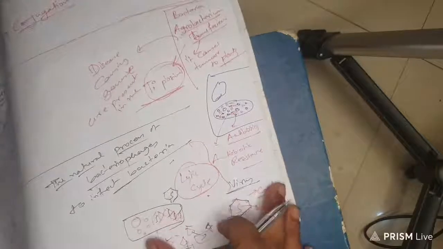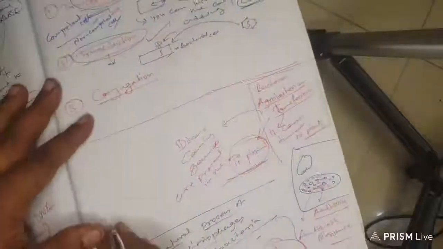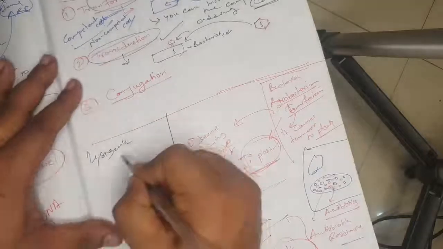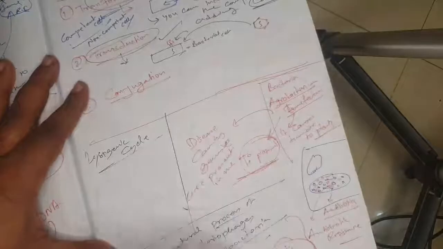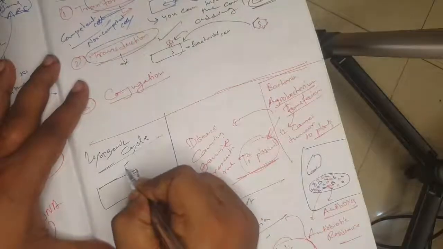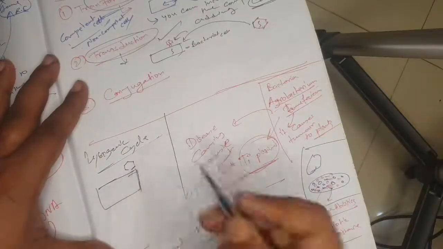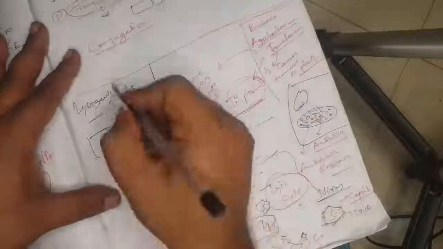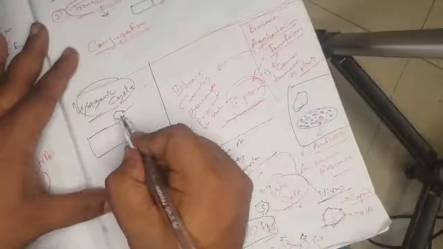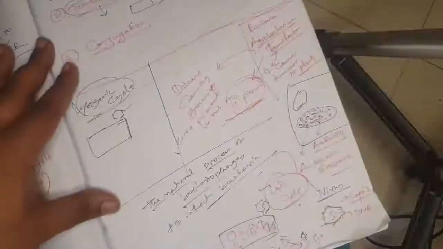There is another cycle known as the lysogenic cycle. Whether the phage will do the lytic or lysogenic cycle depends on the environment and also the type of the phage virus.